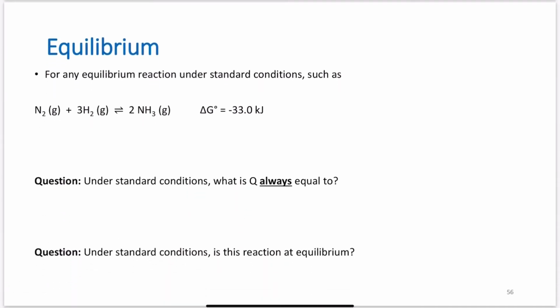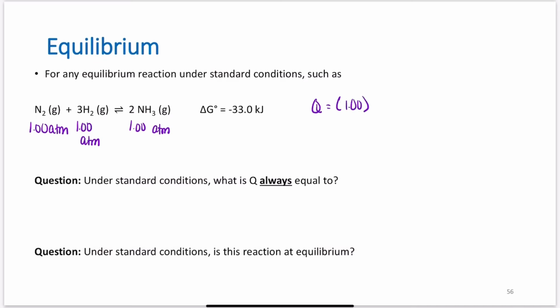So, for any equilibrium reaction under standard conditions, again, we got our Haber process: N2 gas plus 3H2 gas giving you 2 moles of NH3 gas. Standard conditions, 1 atmosphere each. They're all in the gas phase. Figure out Q here.